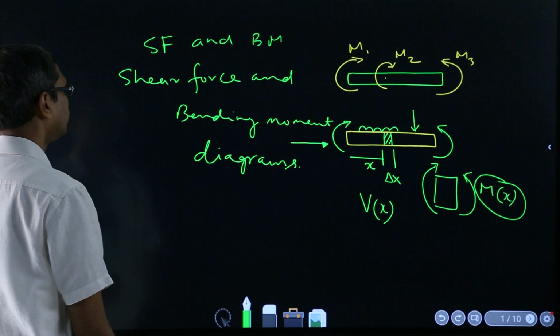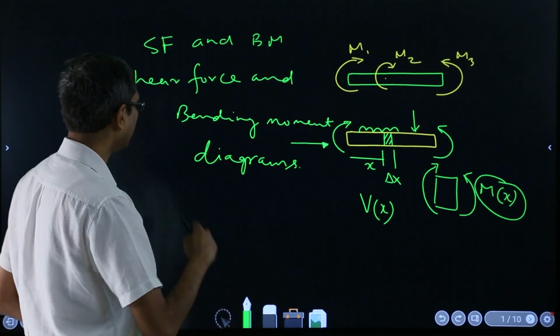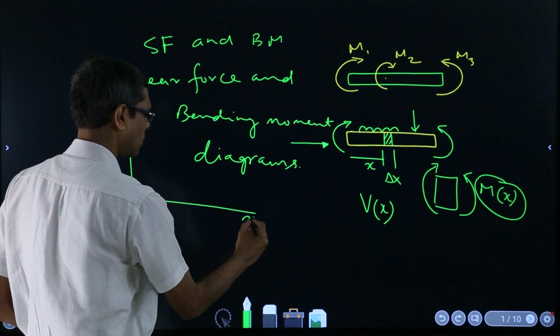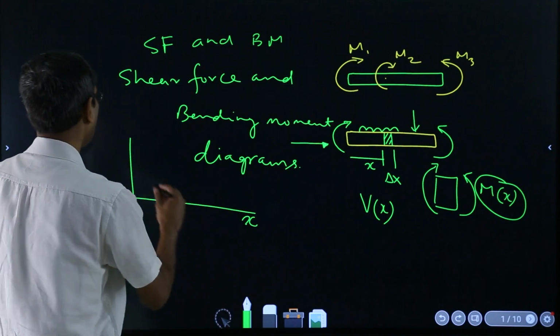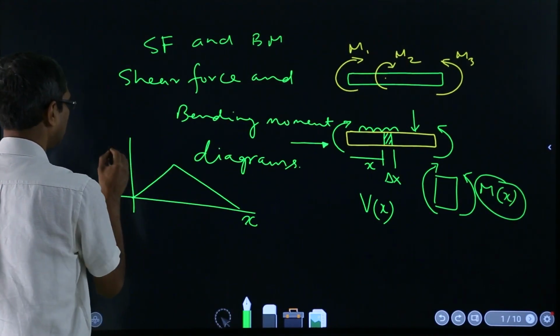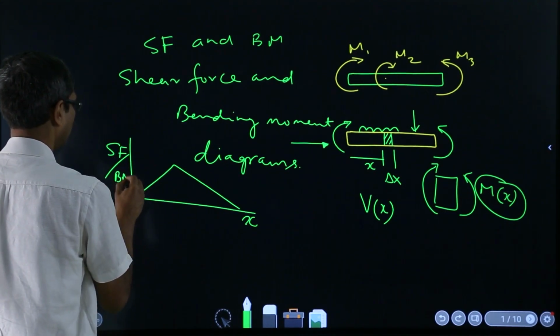Shear force and bending moment diagrams are the things which we are going to discuss. They are nothing but graphs with x on the abscissa, and the curves are either shear force or bending moment.